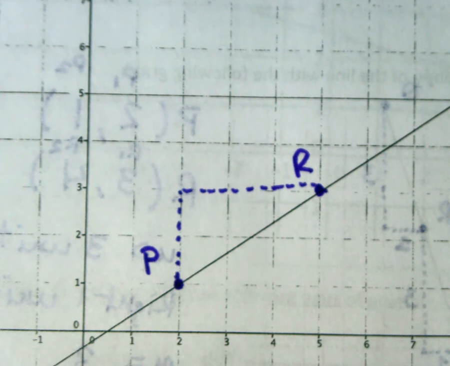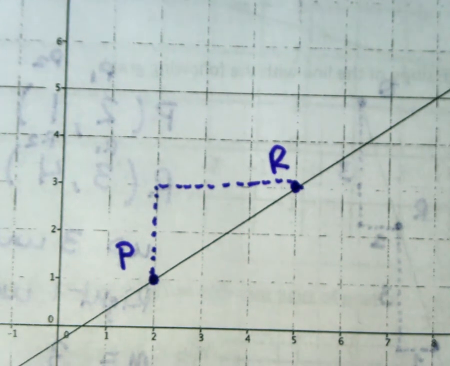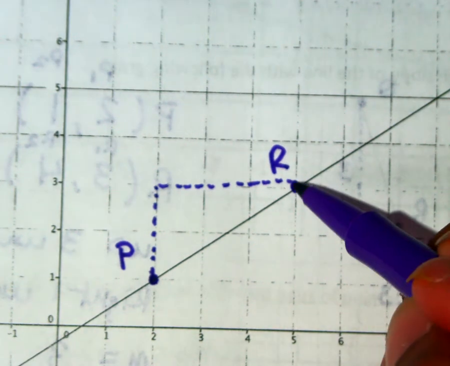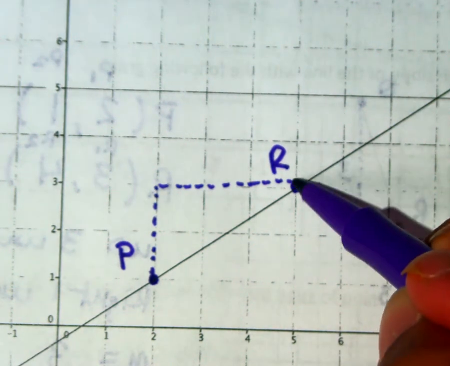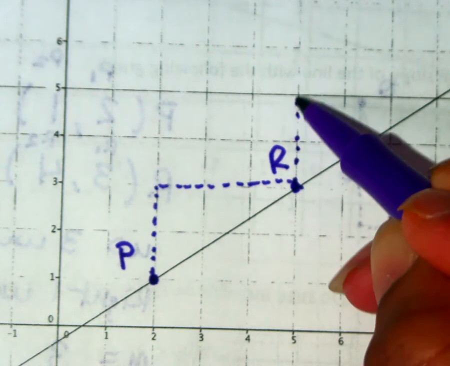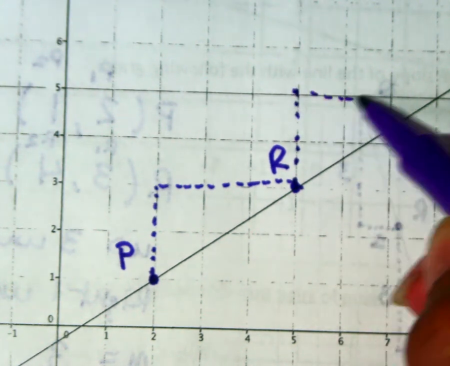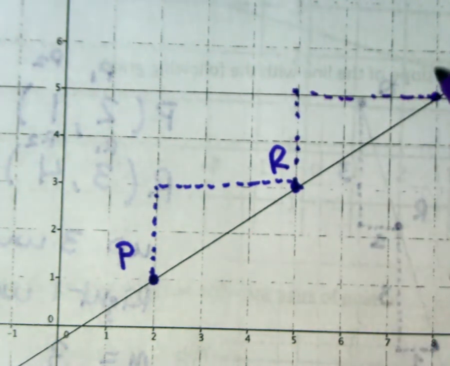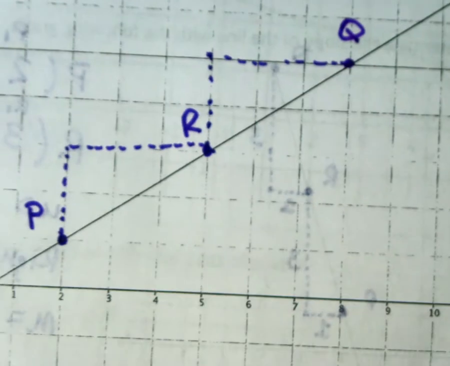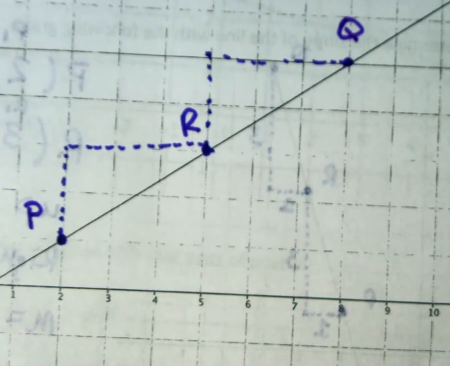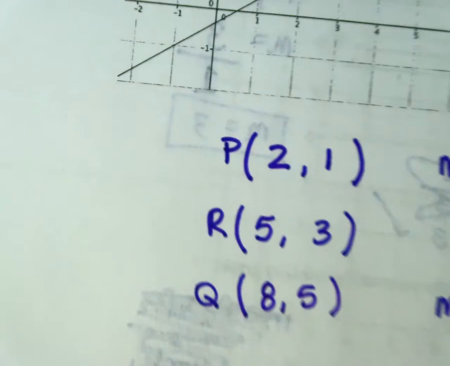Where is point Q located? I would need to go up 1, 2, and to the right 1, 2, 3. I have to create point Q. Point Q would be located at (8, 5).